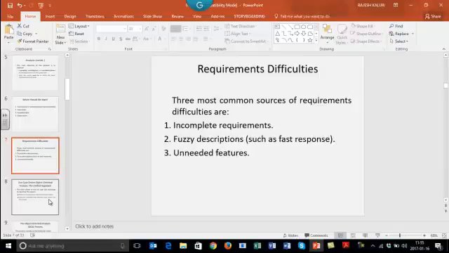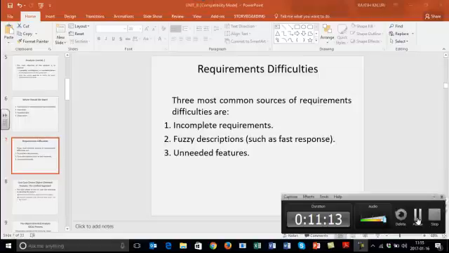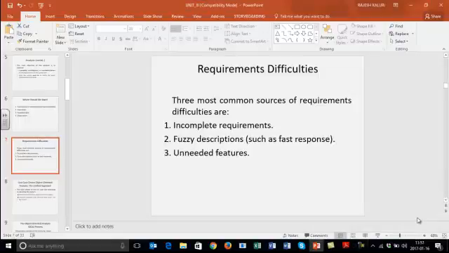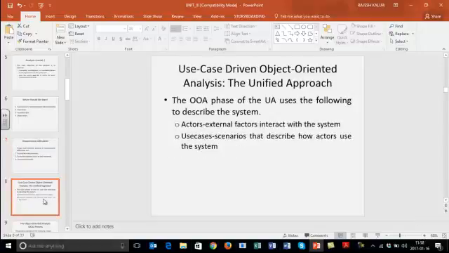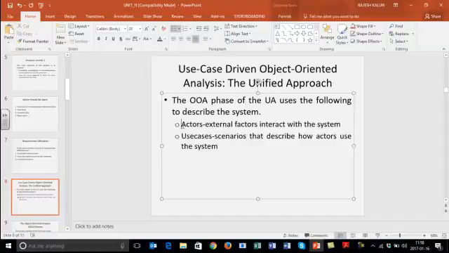Now coming to the next one, which is an approach. There is an approach called use case driven object oriented analysis. That is a very prominent approach in object oriented analysis, which contains steps like identifying actors and then identifying use cases.